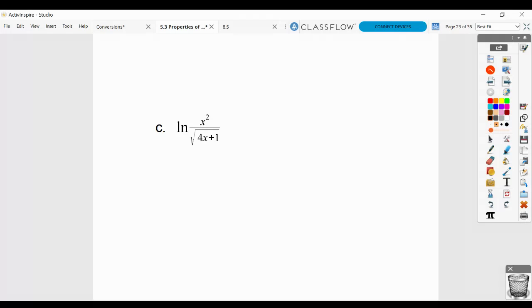Okay, if you look at C, C is kind of the same thing. We are dividing. So I need to rewrite that. Rewrite it as 4x plus 1 to the 1/2.